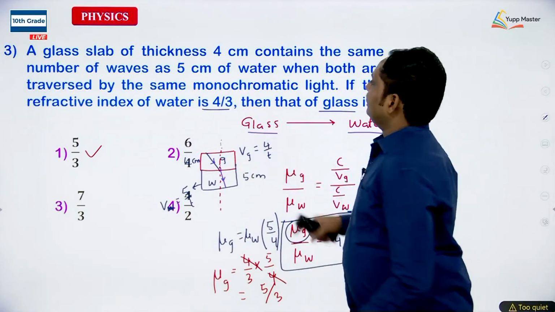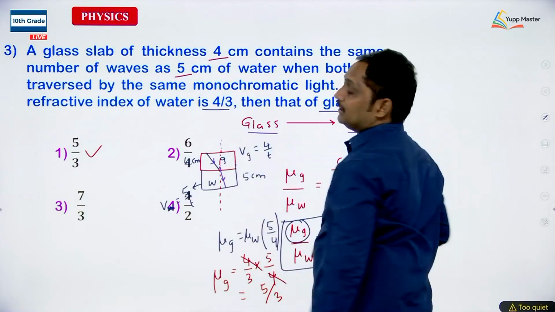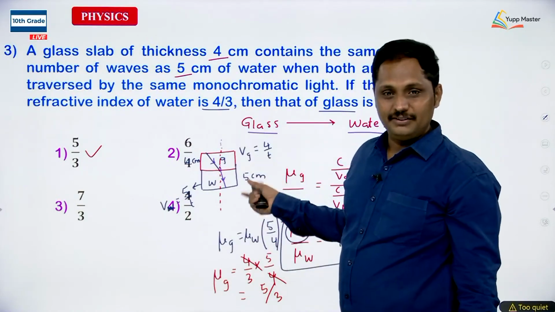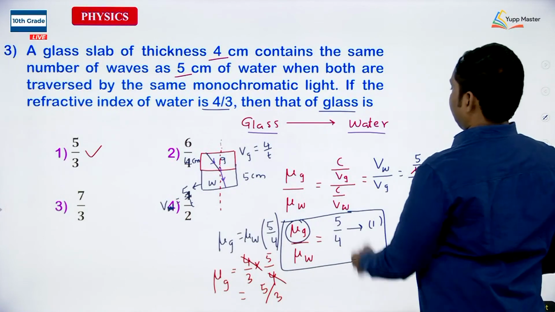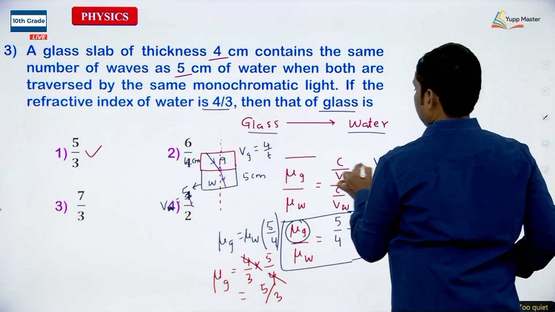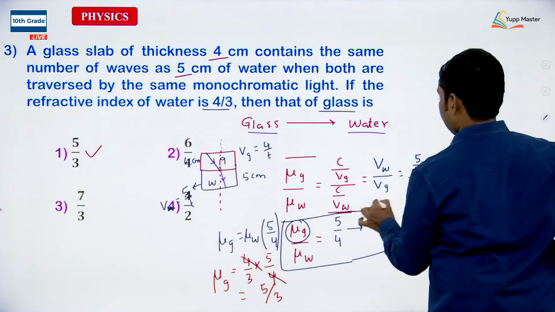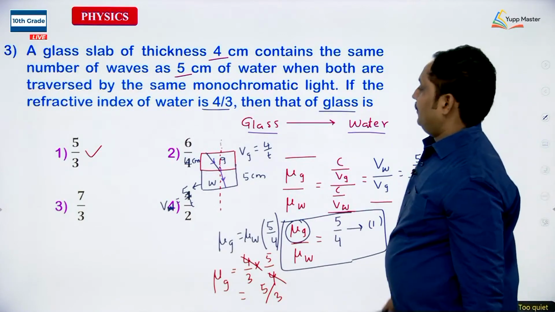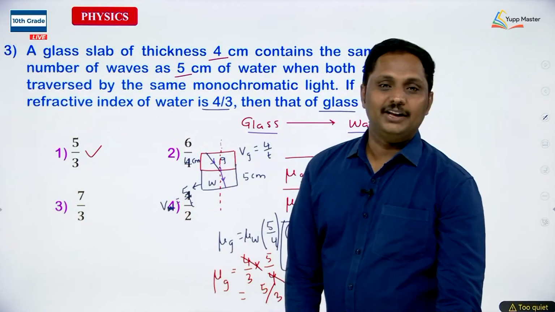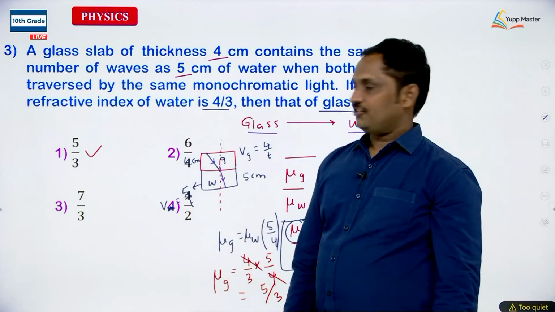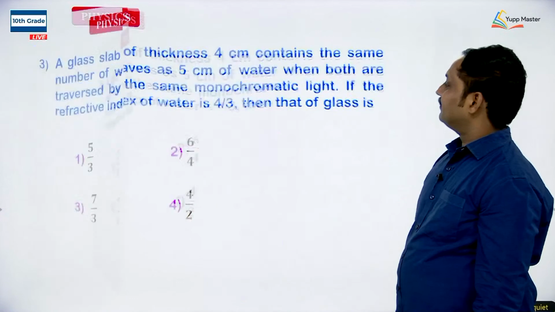Even though they have given different thicknesses, assume the time taken by the light to travel is the same. Now, you can solve the problem by taking the ratio here. Here also you will get it. Then finally, you will get the answer by simple calculations. It is not a big task.